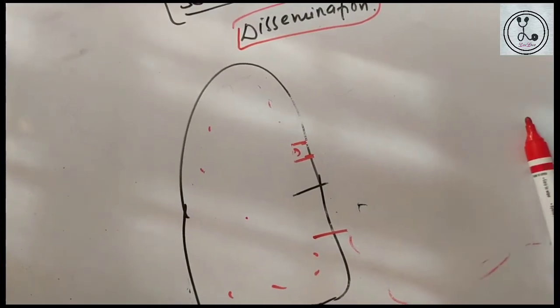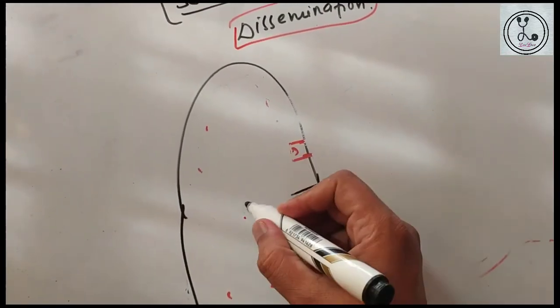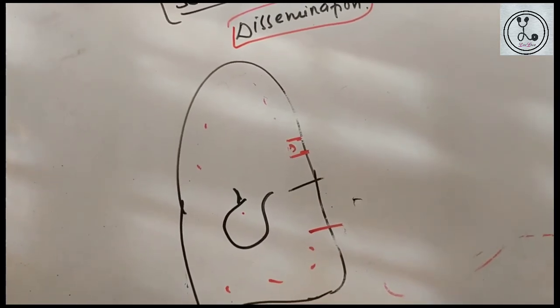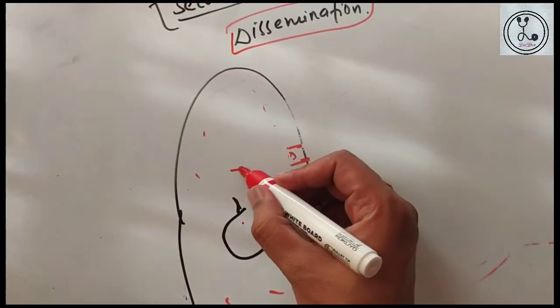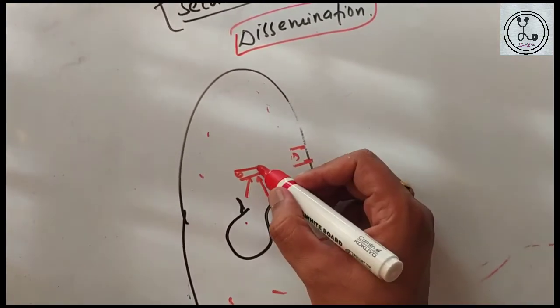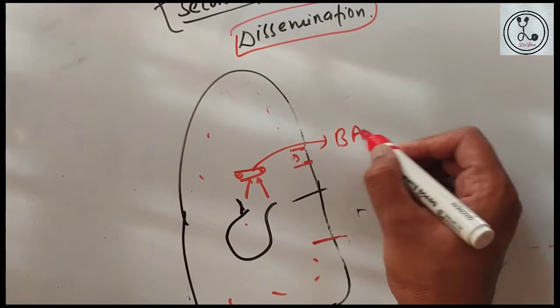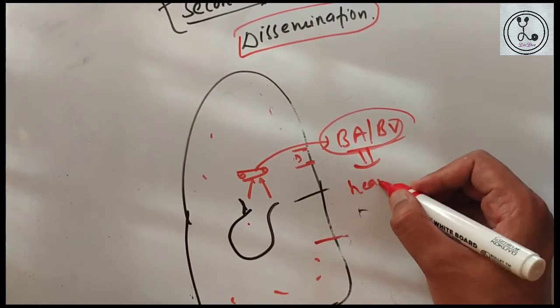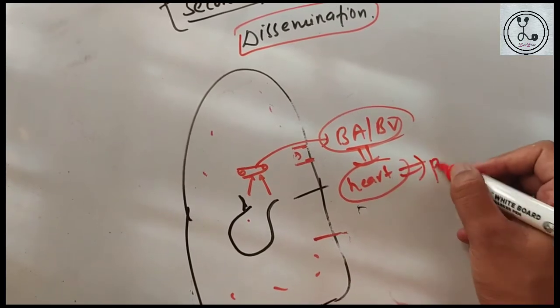Now if the cavity is involving, let's suppose not the pulmonary artery, but either the bronchial artery or bronchial veins. In this condition, we know that the bronchial artery or bronchial veins will ultimately drain into the heart, and the heart is a pumping organ.